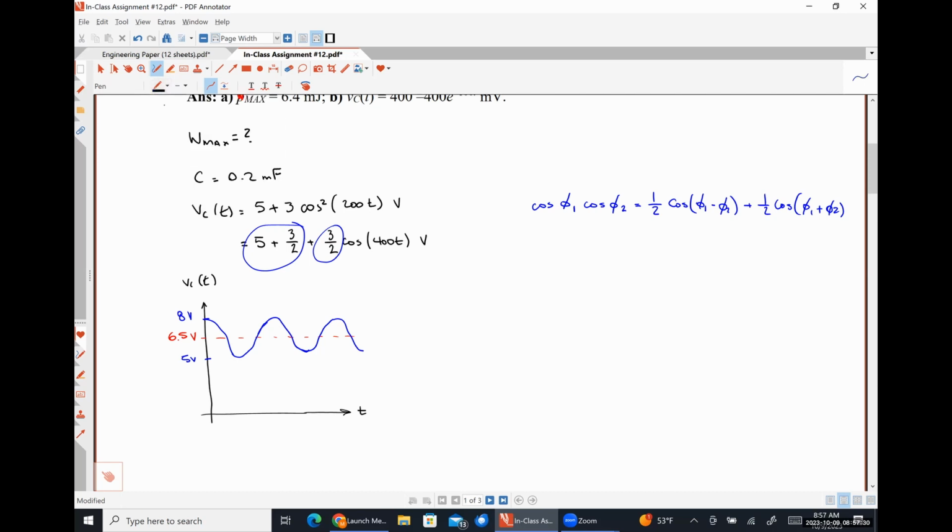Our goal is to find W max, where W as a function of time is 1/2 C times our voltage squared. So it should stand to reason that we should expect to see the maximum amount of energy storage whenever our voltage is at either a minimum or a maximum. Now, which of these cases is it going to be?